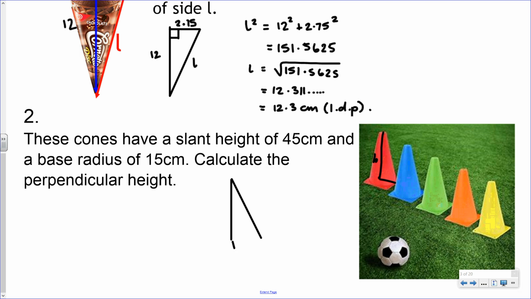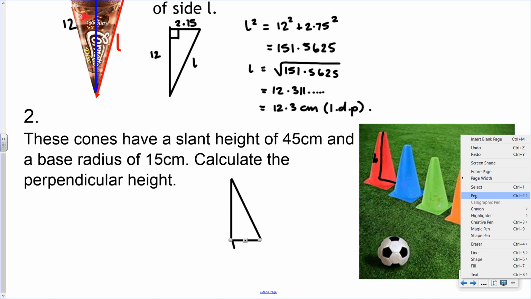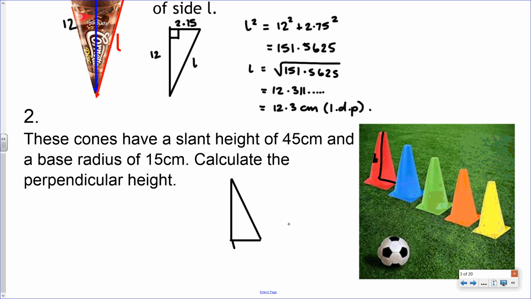We know the slant height is 45, and we know the base radius, so from the centre to the edge, is 15. So slant height is 45, base radius is 15. And we know that we want to calculate the perpendicular height, which meets this base radius at right angles. So we've got a right angled triangle.